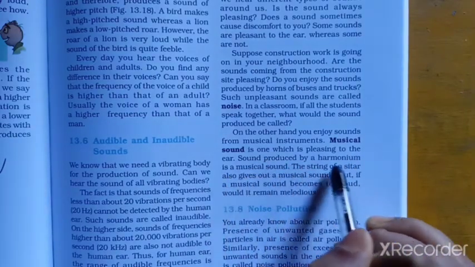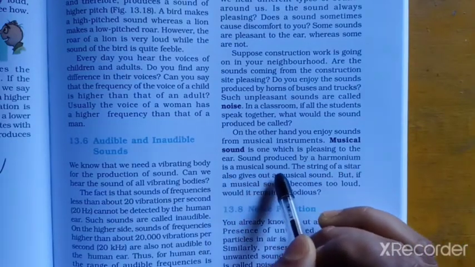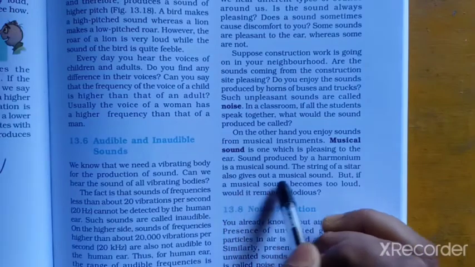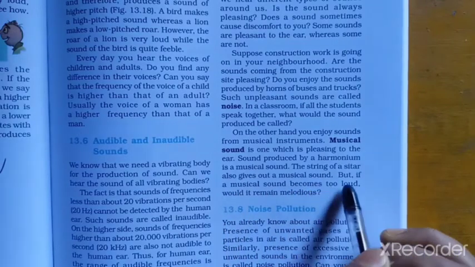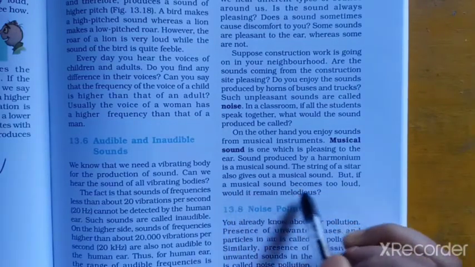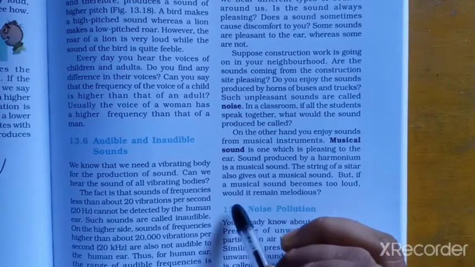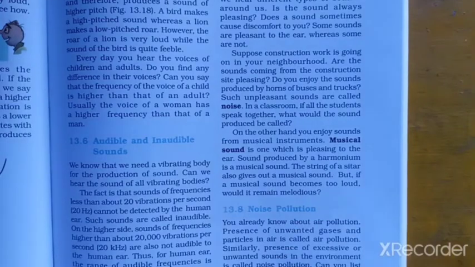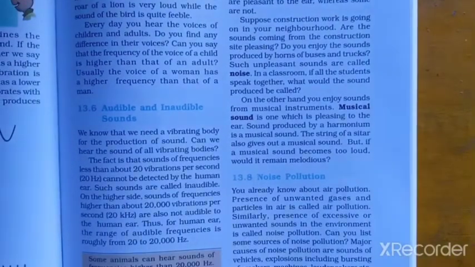Sound produced by a harmonium is a musical sound. The string of a sitar also gives you a musical sound. But if a musical sound becomes too loud, would it remain melodious? If a musical sound becomes too loud, then it cannot be melodious. Then it becomes noise.